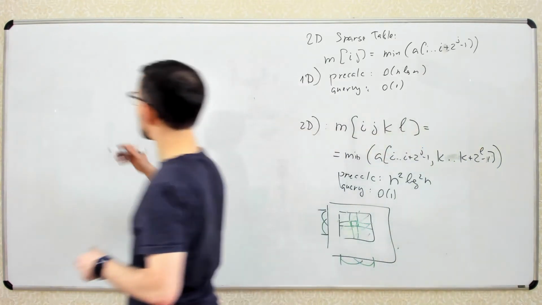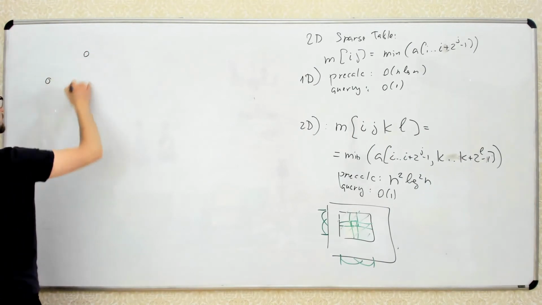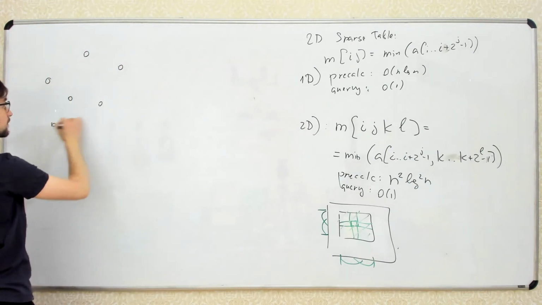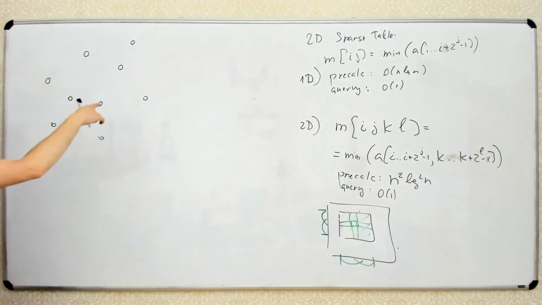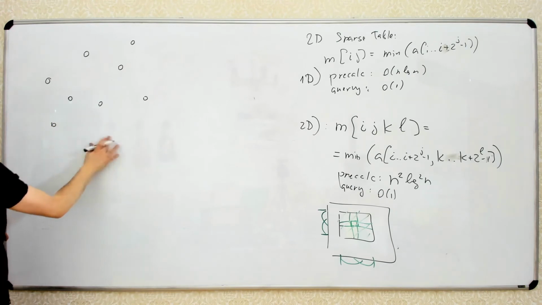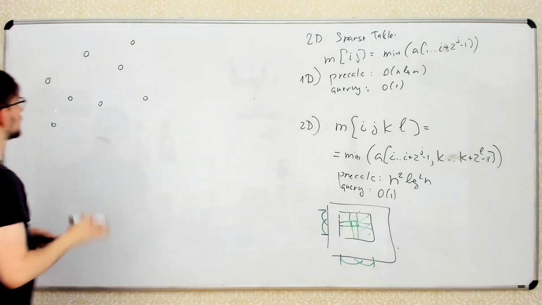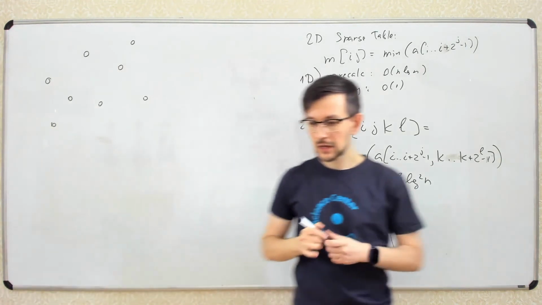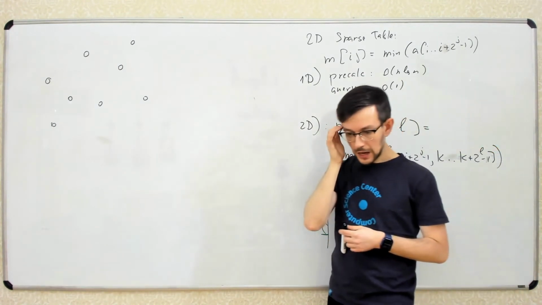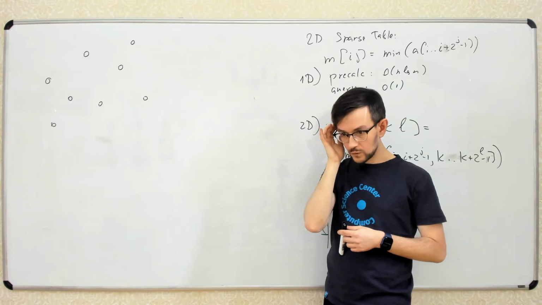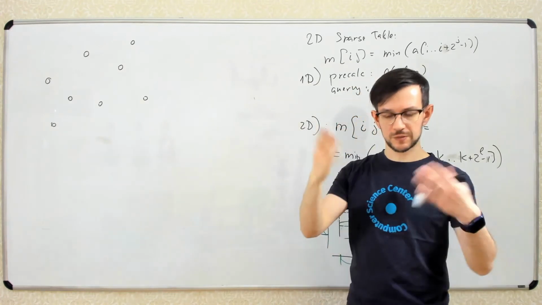So we have some points. Too many. Let's have 8 points. 8 is enough. So let's have some points, and these points correspond to some objects.